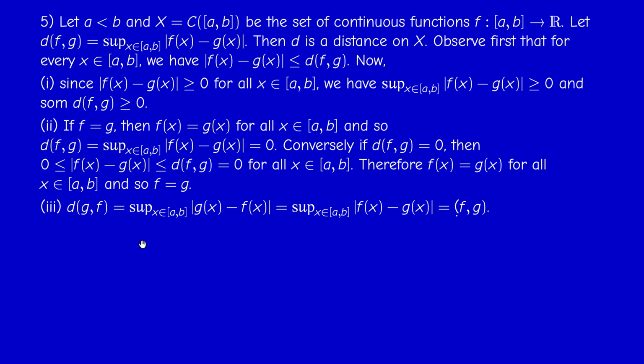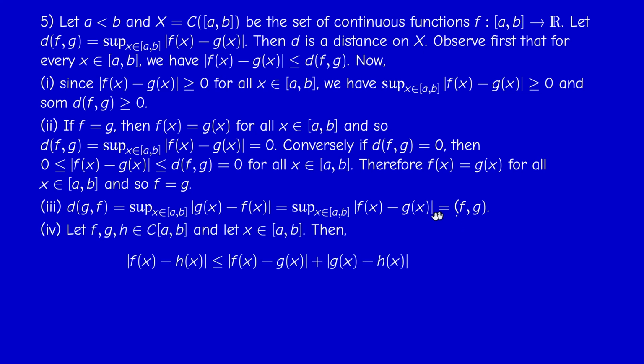Symmetry is trivial because the absolute value of g minus f is the same as the absolute value of f minus g. So here there's an error, that's just d(f,g), not point. Triangle inequality, not difficult, but a little bit. Usually the triangle inequality is less trivial than the other properties to check. So I apply first the triangle inequality for the usual absolute value.